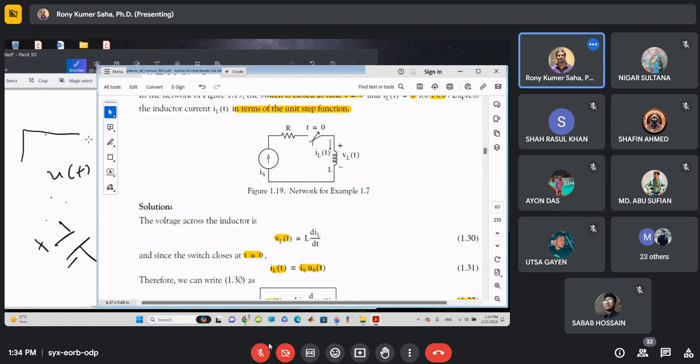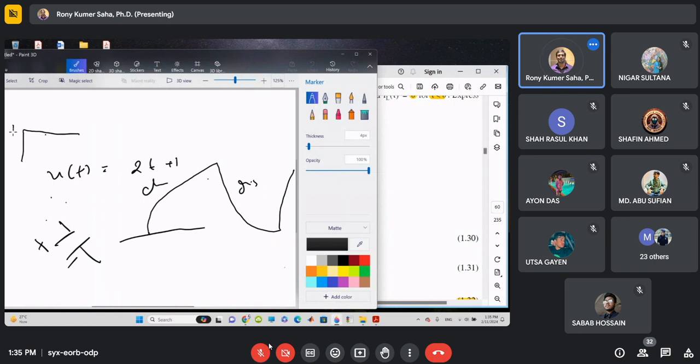The unit step function doesn't have any effect on the magnitude because it's only one. Whatever you multiply with it, the resultant function will show the response of that, not the unit step. But it can help you define the boundary in time.